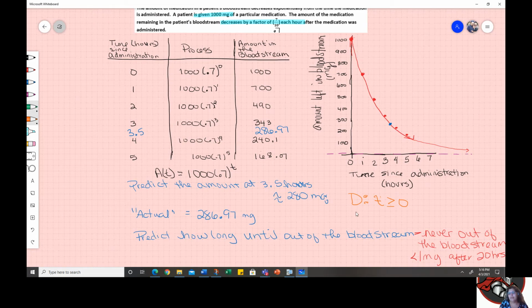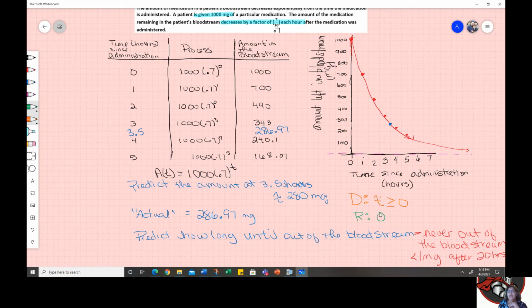Our range, and this time our range is the a of t, or whatever we're using as our y variable. Again, it can never be 0, but we do have an upper limit at 1,000.